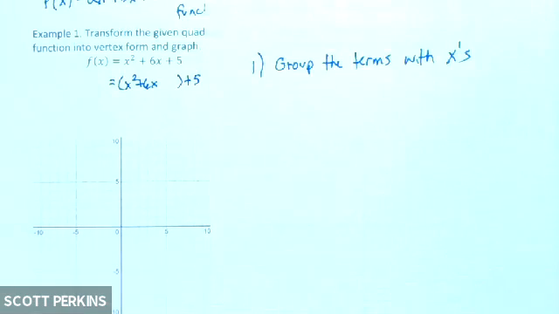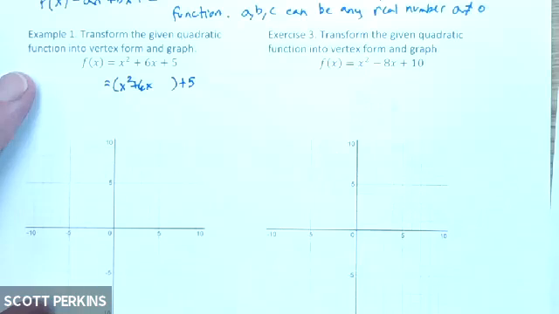X squared plus 6x. I've not changed anything. I've just grouped the things with x's, the x squared plus 6x. Leave a little gap for yourself there, and then I've put the 5 outside. So please do the same thing for exercise 3, the one that you're doing. Group the x's and leave that other number outside.